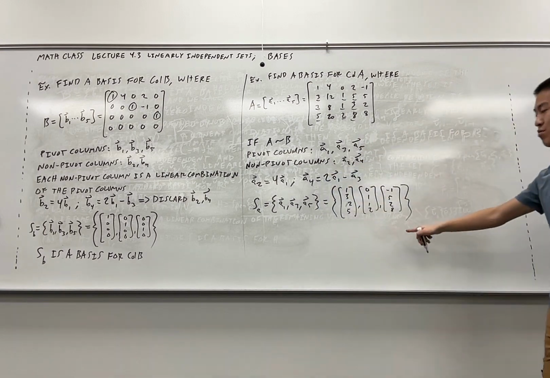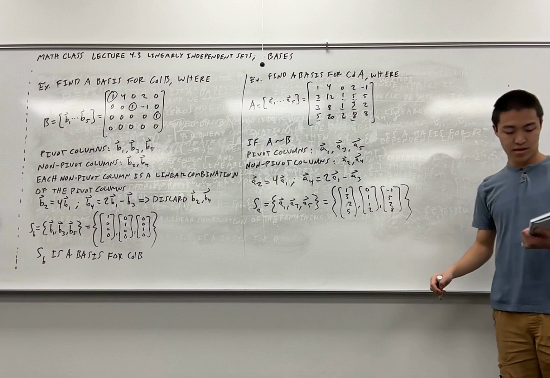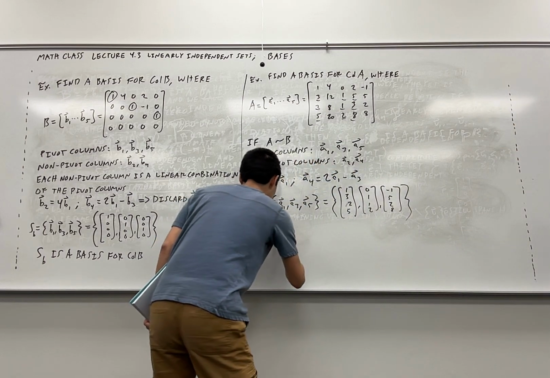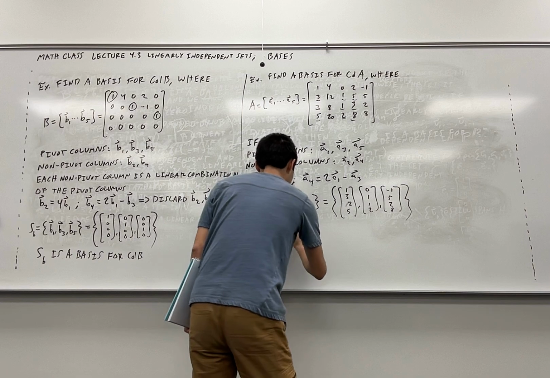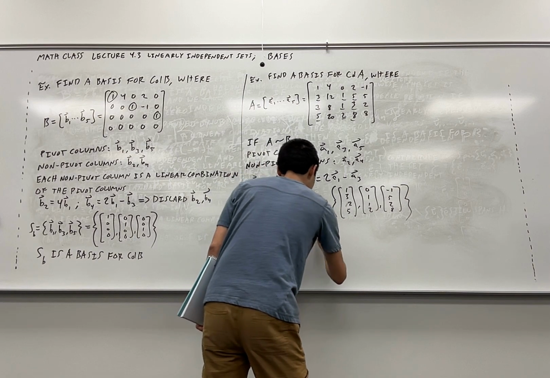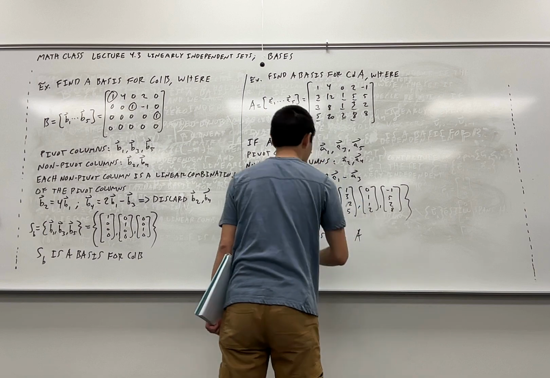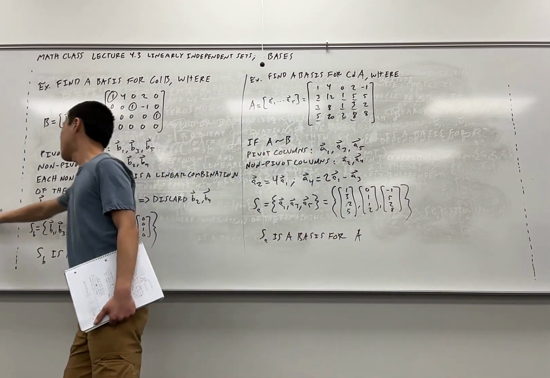These are the actual vectors that form the basis, okay? So S_A is a basis for the column space of A.